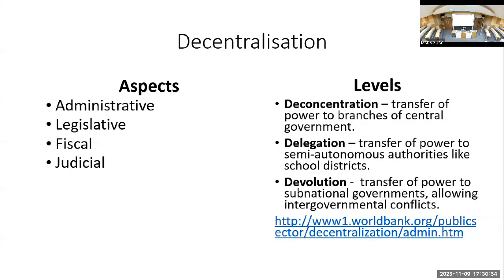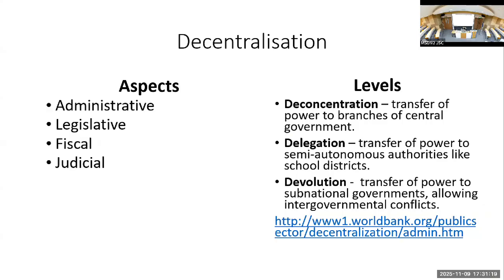if the transfer of power only reaches branches of the central government, that's called deconcentration. For example, in Malaysia, our education is entirely federal, except now de facto in Sarawak. And so in every state, you have a state education department.